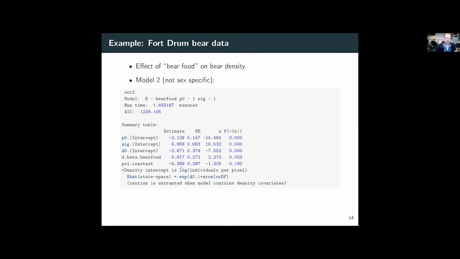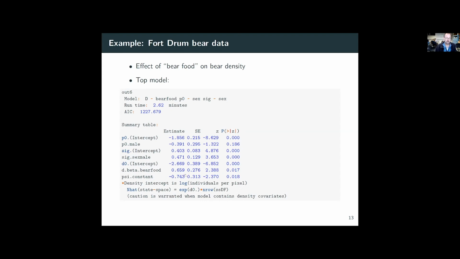But you see that this value changes in the model where we add sex structure to some of the parameters. The reason is that as soon as you add sex structure to some of these parameters, it implies that males and females are detected at different rates. And so what that does is it adjusts the population estimate of the probability of males from the sample estimate.